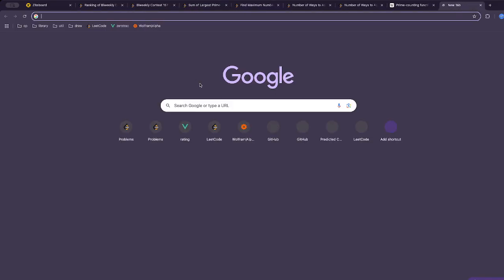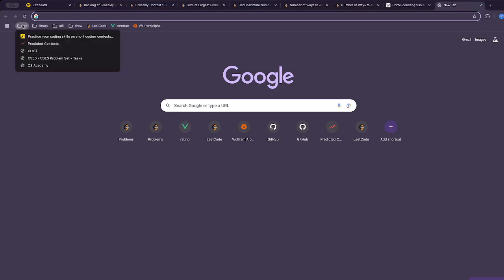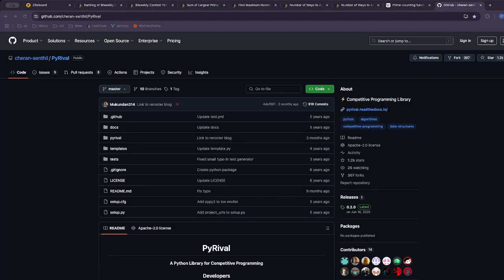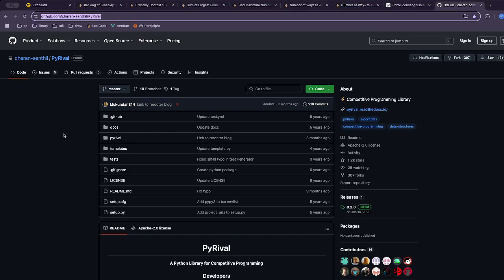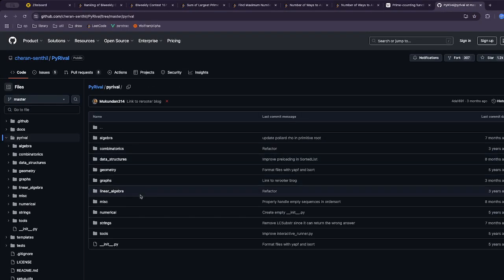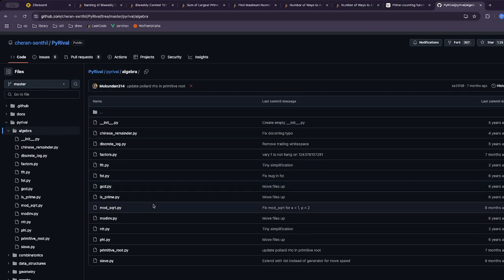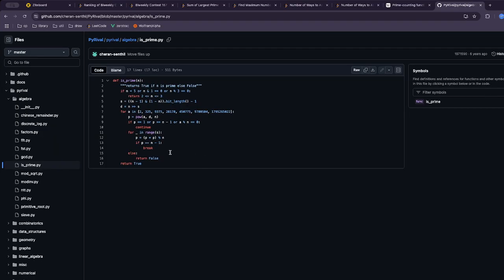And we have in the library that I usually recommend, which is the PyRival library, an implementation of this algorithm. If you go into, I don't know if it's in algebra. Yeah, it's prime. Here, it's pretty short, right? I mean, we can use it as a black box.